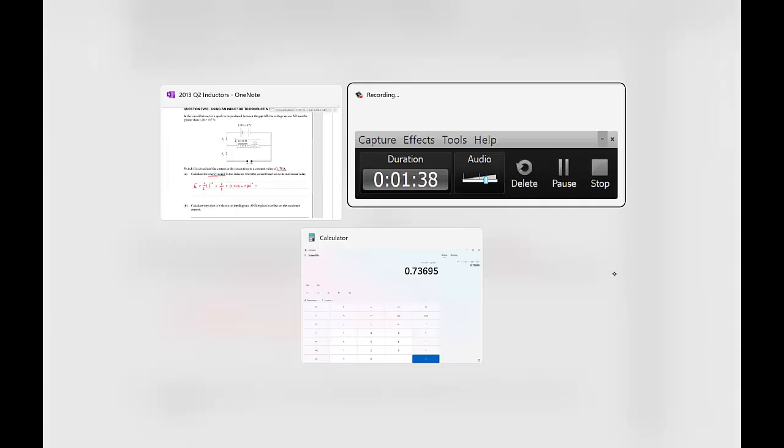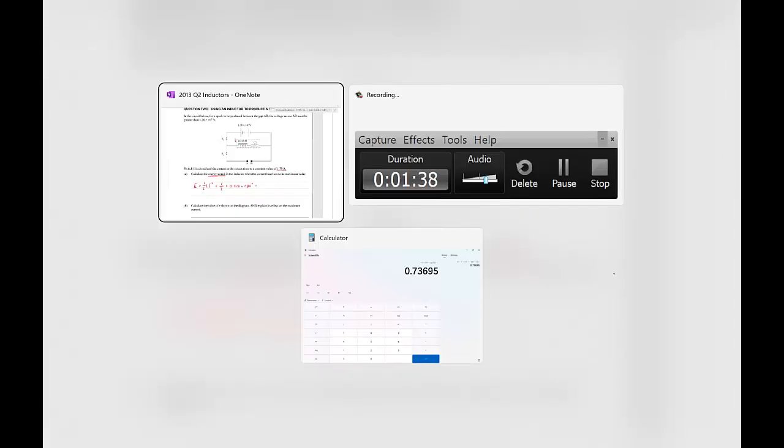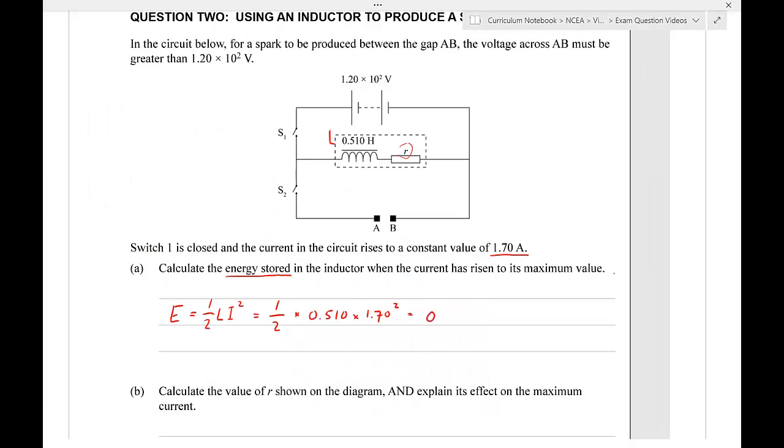And that's in joules. We want it to 3 significant figures, so that's 0.737 joules. Okay.